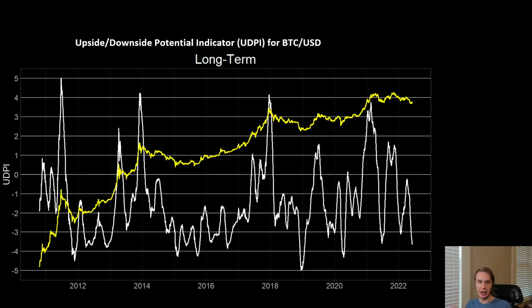I personally take a more holistic view, and instead of thinking of it as a checklist that has to happen before the bottom is in, or before we can even think that a reversal to the upside is plausible, I tend to think of it more as a continuum: the lower the UDPI level is, the less and less downside potential the model thinks is realistic. But the model does not say that we have to hit -4 for it to be the bottom of the bear market, for example. And Bitcoin doesn't have to do that.